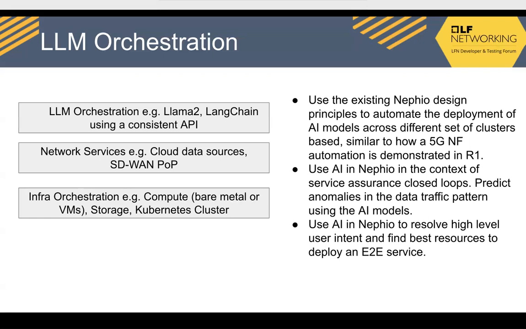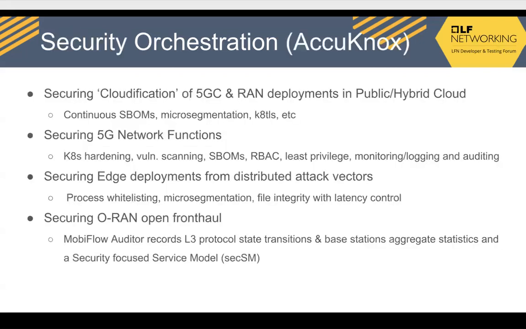We can also use AI itself in Nephio in the context of service assurance and closed loops, predicting anomalies in data traffic patterns using AI models, and then performing certain actions. We can also use Nephio to resolve high-level intents and find the best resource to deploy an end-to-end service. So these are some of the things which can be considered.